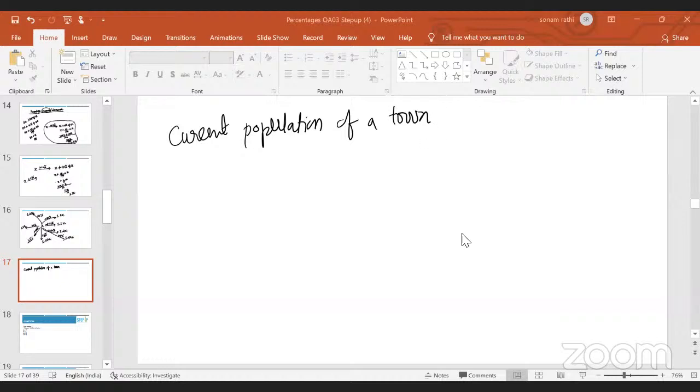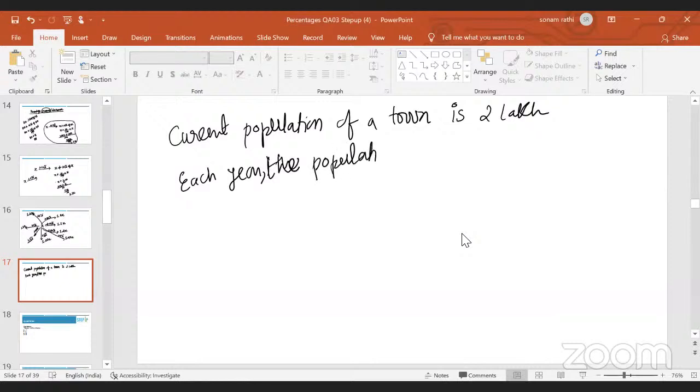Okay. Current population of a town is, let's say, 2 lakh. So there are 2 lakh people staying in a town. Now, each year, the population is increased by 10%.